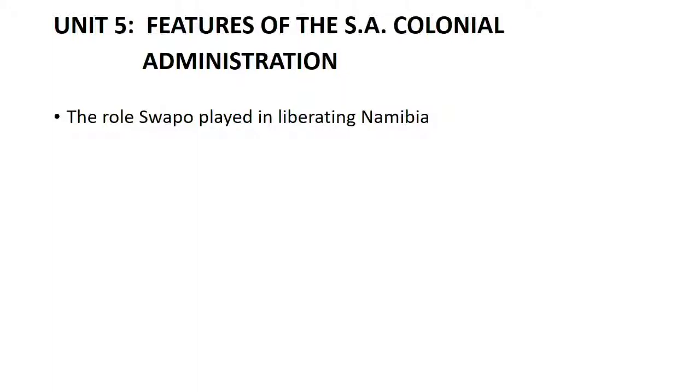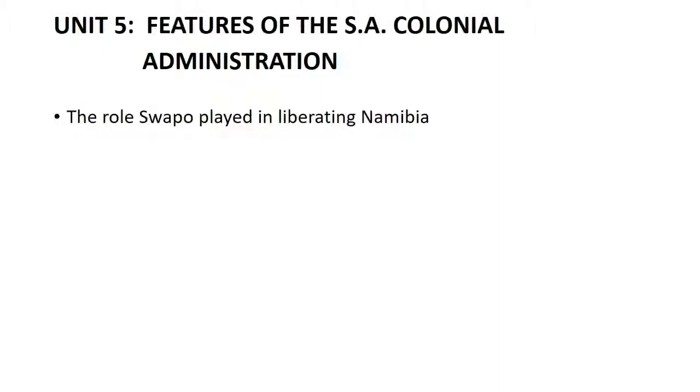As we know, SWAPO as a political party played a very significant role in liberating our country. So what role did it play? Not just in Namibia, but also in neighboring countries. The role that SWAPO played is very important in this unit.